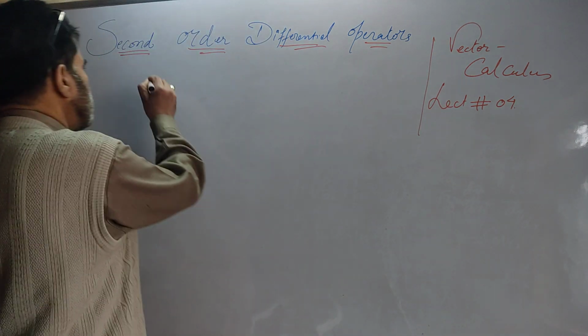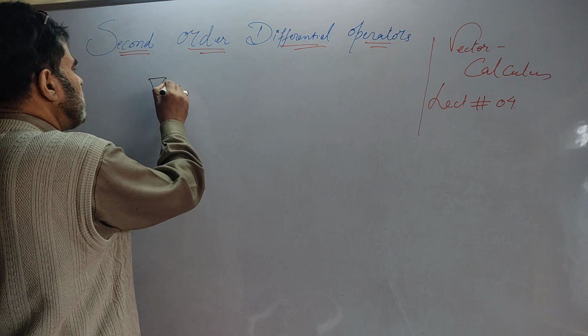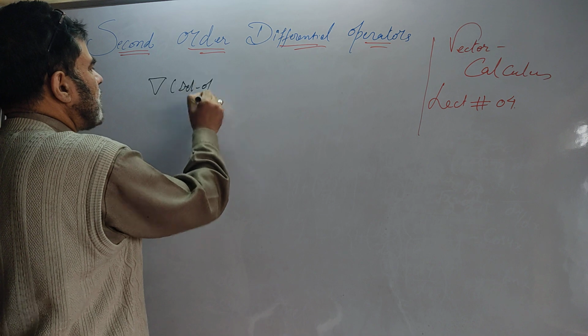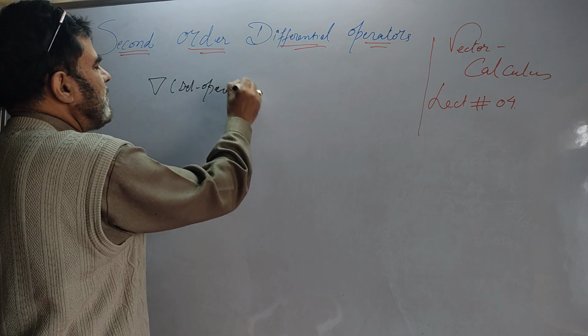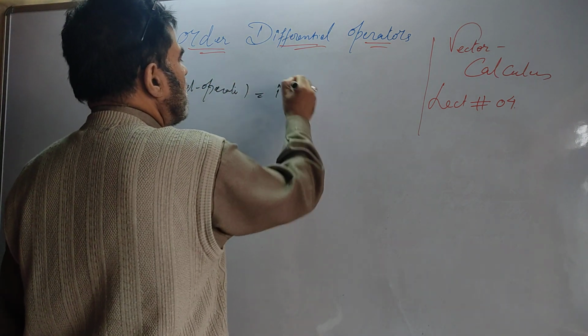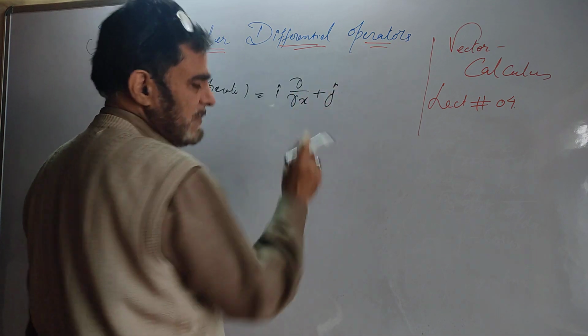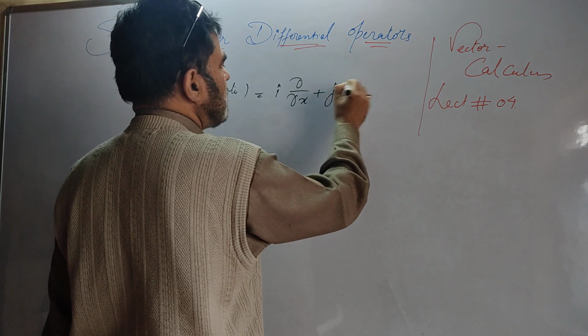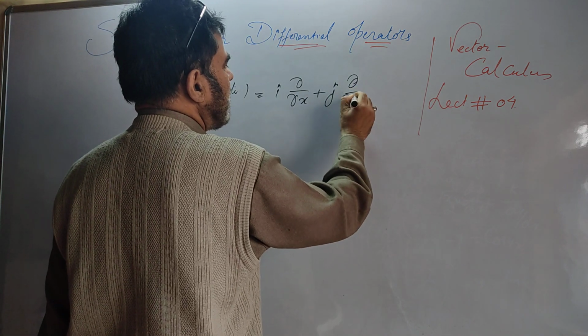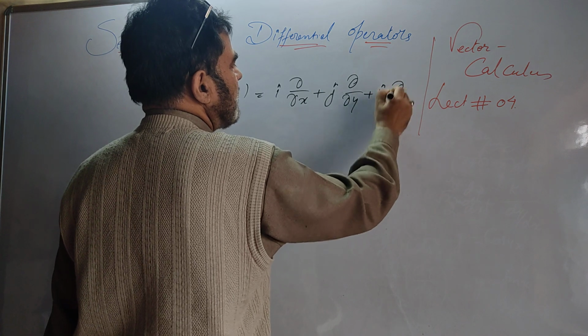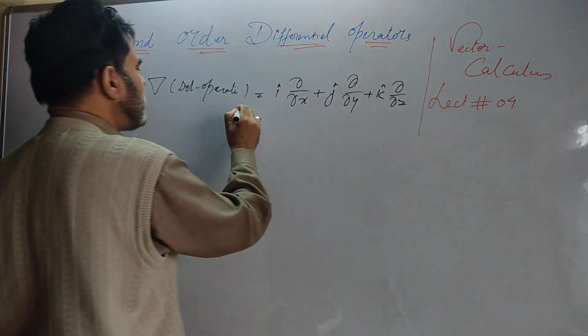This del operator is i ∂/∂x plus, in case of 3D, j unit vector ∂/∂y plus k unit vector ∂/∂z. What is actually this del?